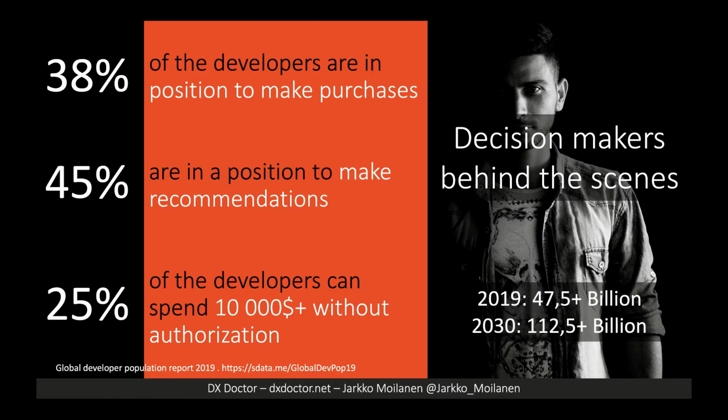Then as decision makers behind the scenes. I added the part "behind the scenes" compared to the previous discussions. 38% of the developers are in a position to make purchases, and this is based on the Global Developer Population Report 2019 by SlashData. So again, only one source.